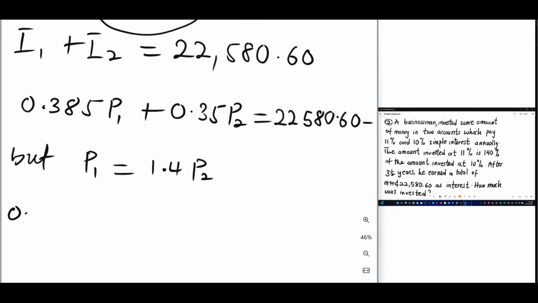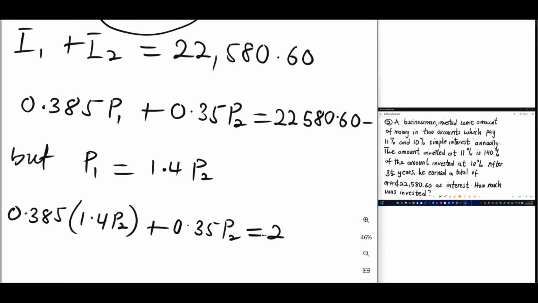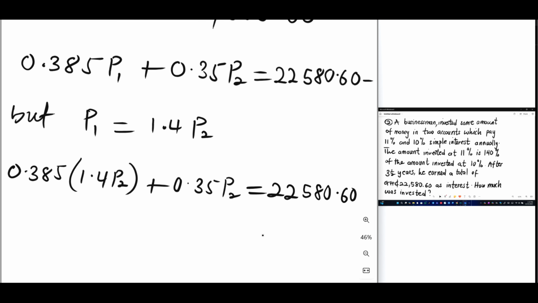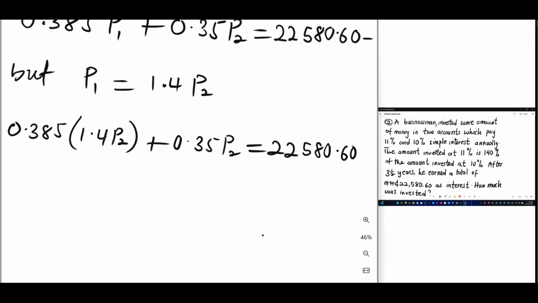So we have 0.385 multiplying P1, and now P1 is 1.4 P2, then plus 0.35 P2 equal to 22,580.60.